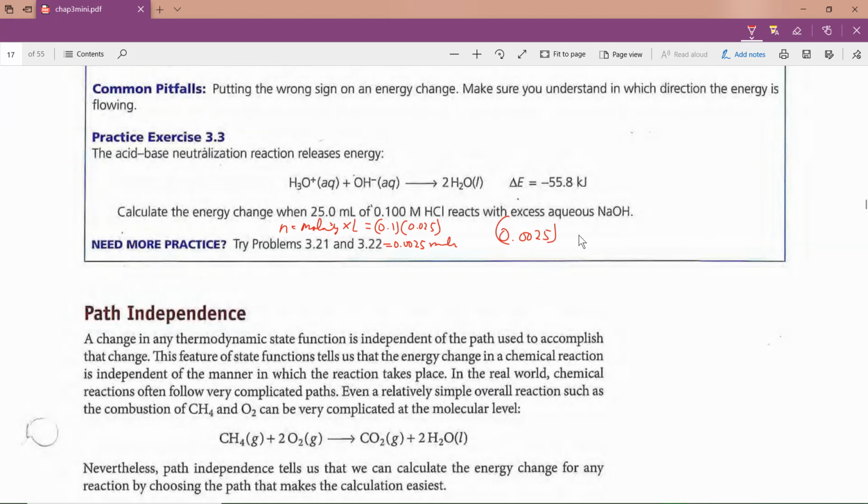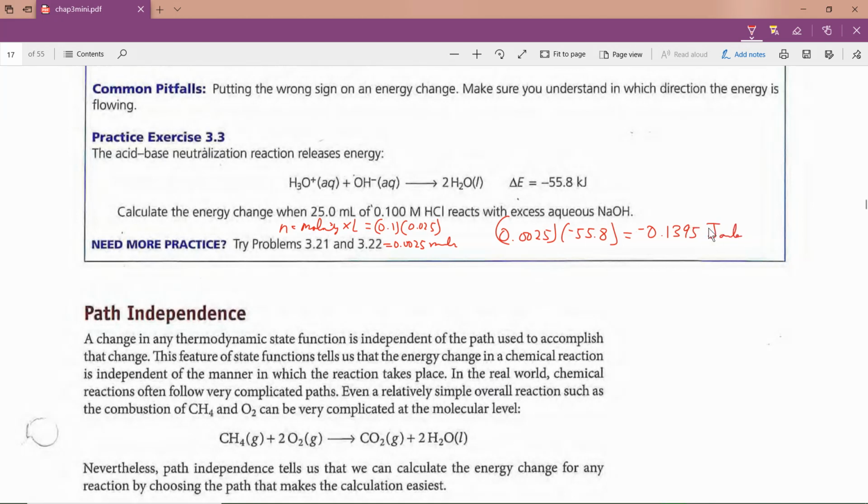Molarity is moles per liter, so moles is molarity times liter, good, times negative 55.8. 0.0025 times negative 55.8 is negative 0.1395 joules.